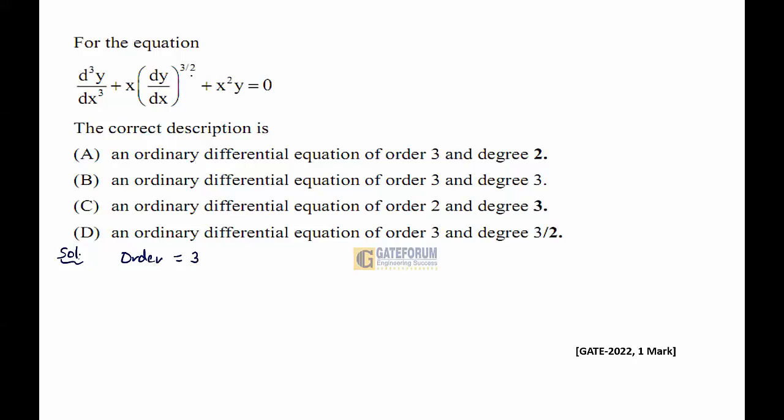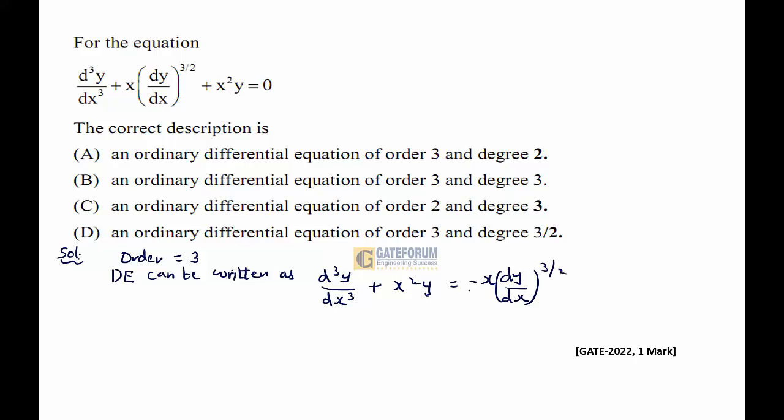For finding the degree, we have to eliminate the radical 3/2. So the DE, which stands for differential equation, can be written as d³y/dx³ plus x²y is equal to minus x times (dy/dx) to the power 3/2. So shift that middle term to the right side.